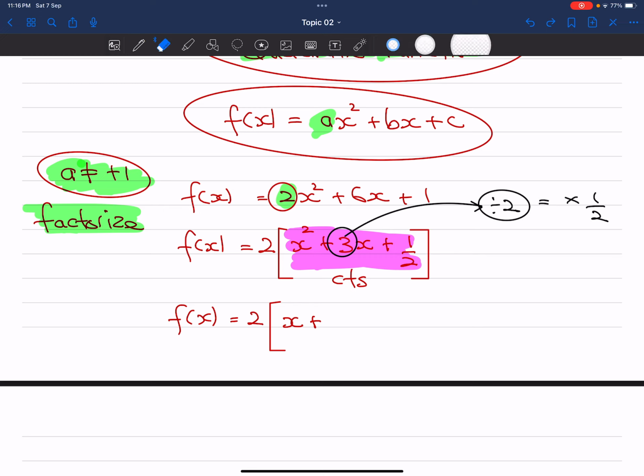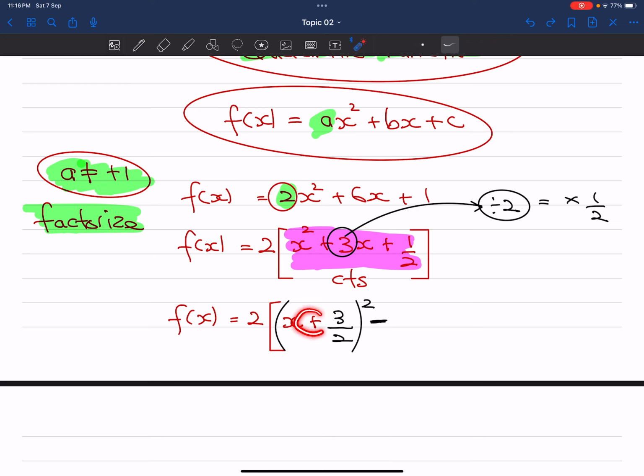So now I'm going to take the 3 and multiply by 1 over 2. Actually 3 divided by 2 is the same as times 1 over 2. So 3 times 1 over 2, I will get 3 over 2. Then put back the brackets and then the square. After putting the brackets and the square, outside is always minus.